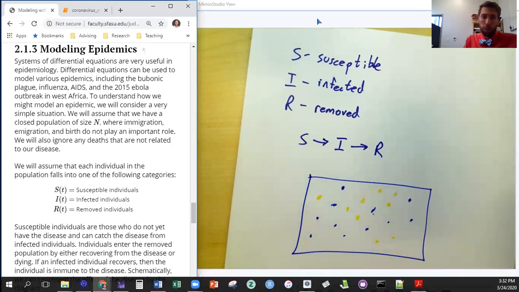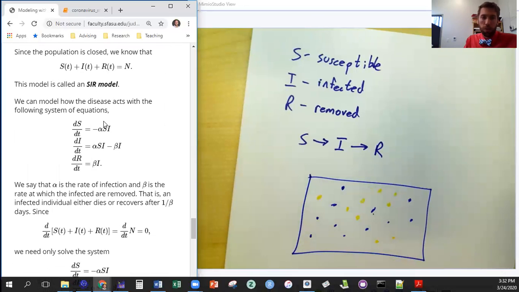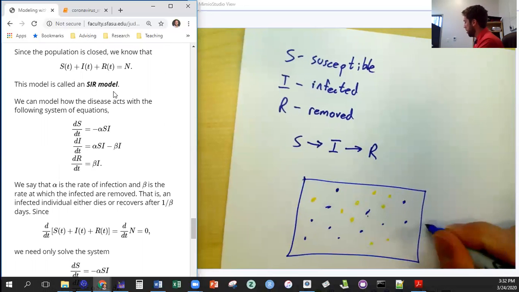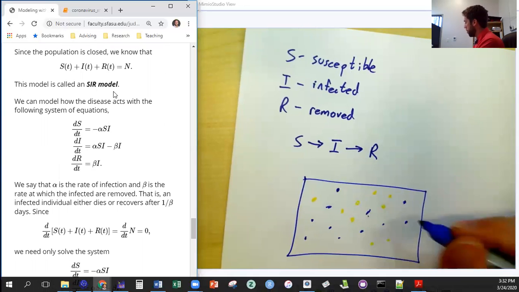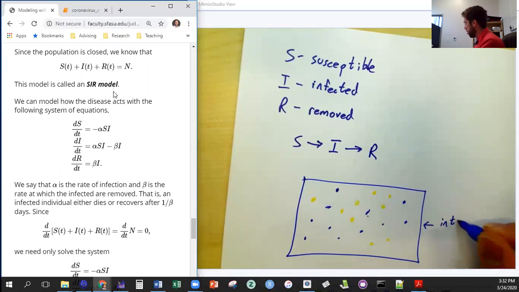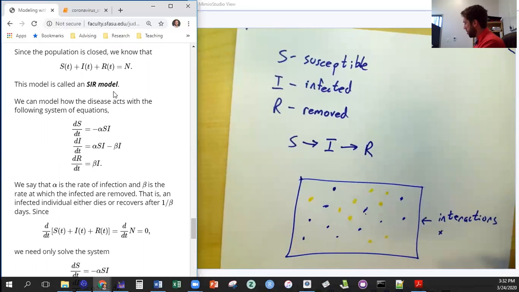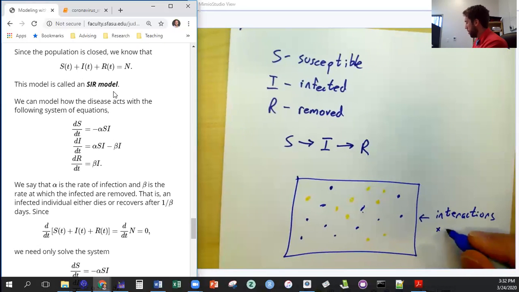What we're doing here is that the change in susceptible is going to go down based on susceptible times infected times a constant. Instead of doing something complicated, we're just doing the number of interactions also times probability of infection.